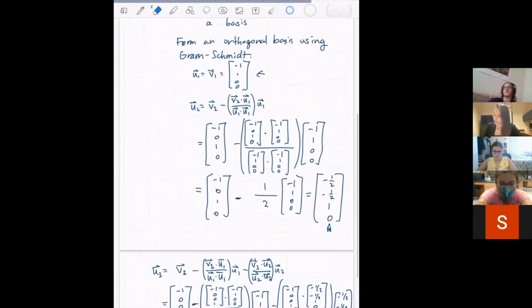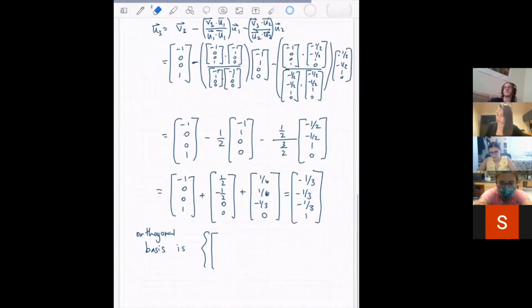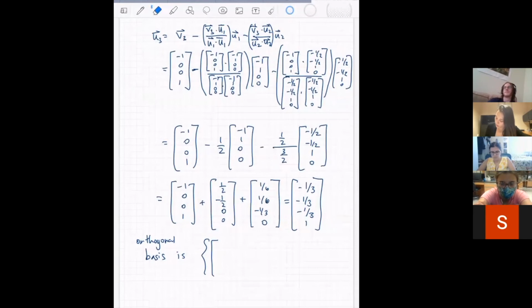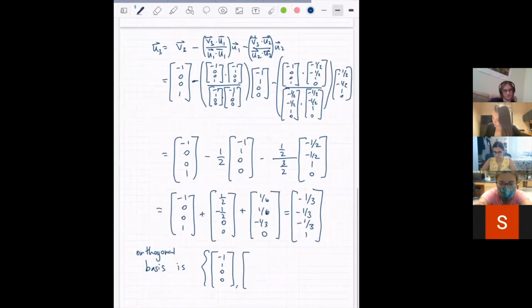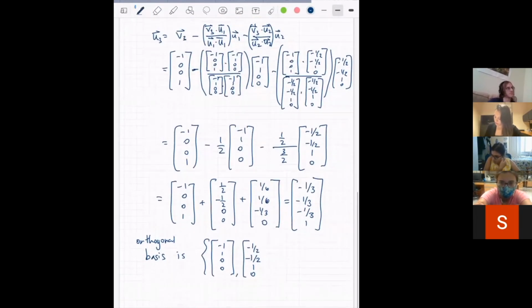So the first vector we got was minus 1, 1, 0, 0. The second vector was minus 1/2, minus 1/2, 1, 0. Was that right? 1, 0. Yeah. And the third vector was this one right here, minus 1/3, minus 1/3, minus 1/3, and 1.